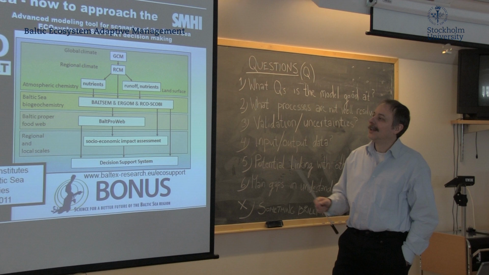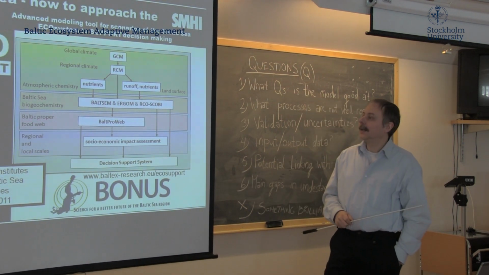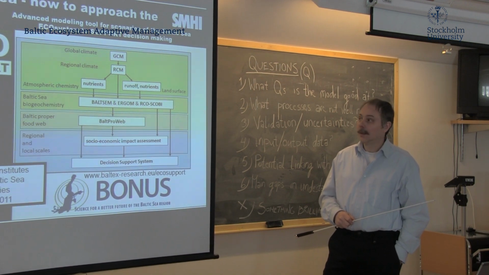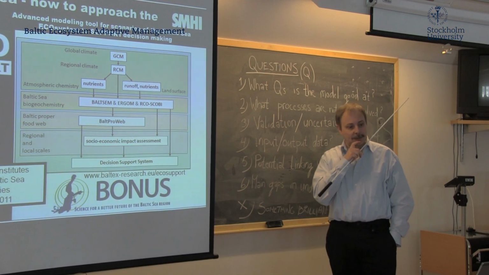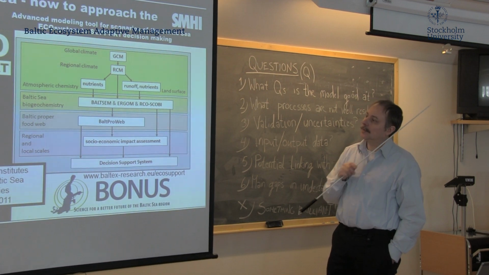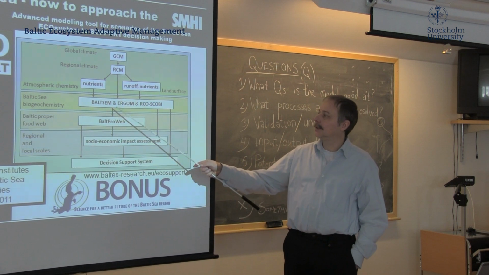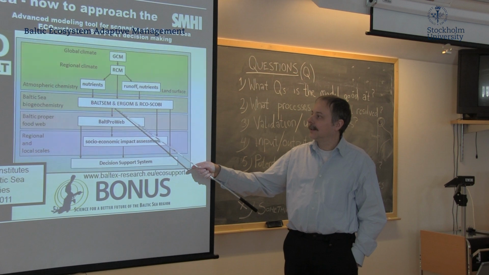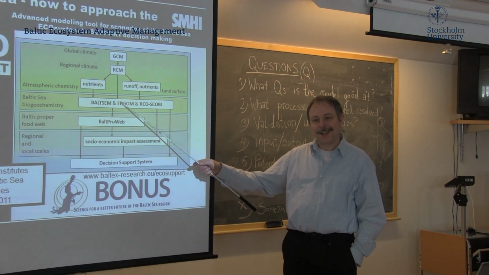The output from these biogeochemical modeling can be used for higher trophic level modeling. I told you the highest level in our biogeochemical model is zooplankton, but you can use for statistical modeling the output like temperature, salinity, like cod reproductive volume, like anoxic area.